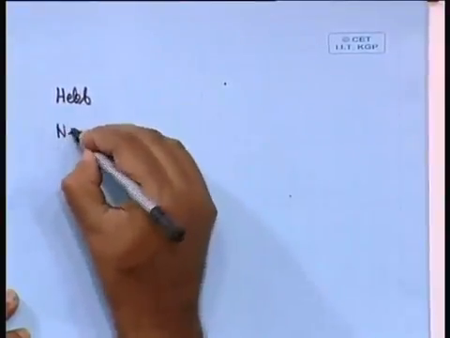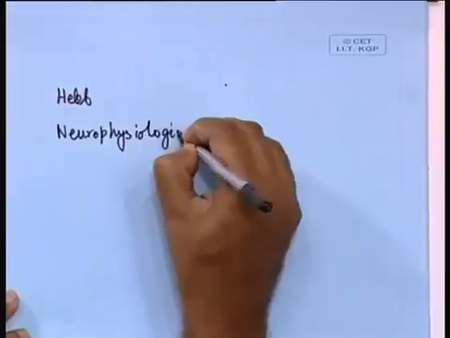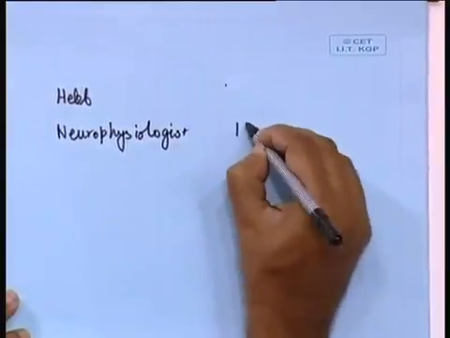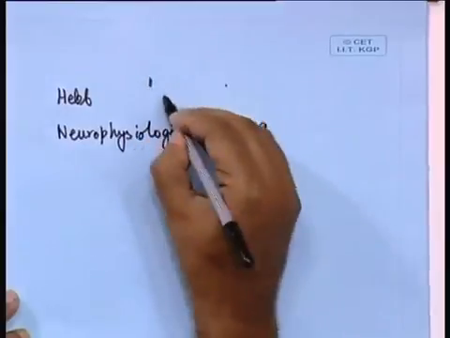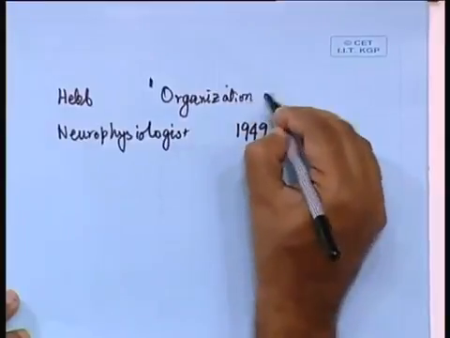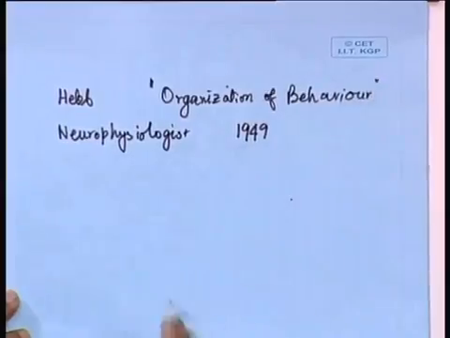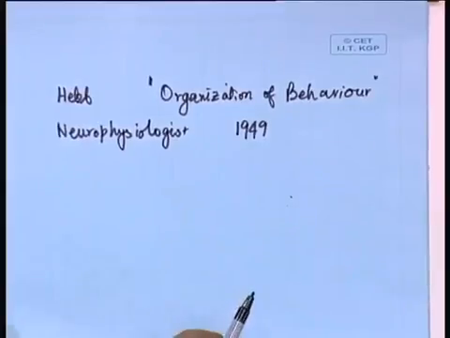Hebb is a neurophysiologist who in the year 1949 came up with a book called The Organization of Behavior. In this book, Hebb has proposed the kind of model that possibly our human brain neurons adopt.